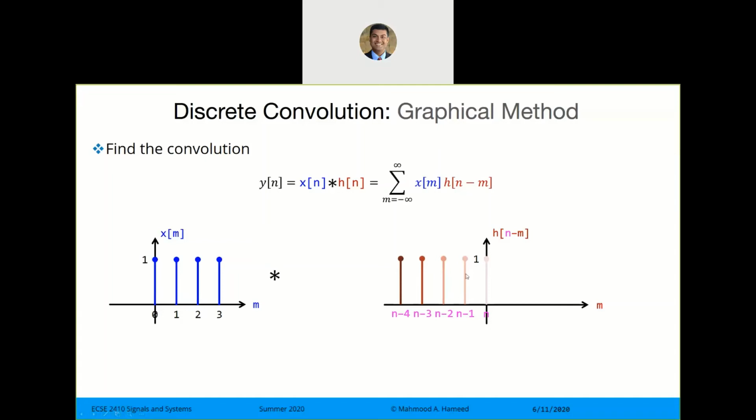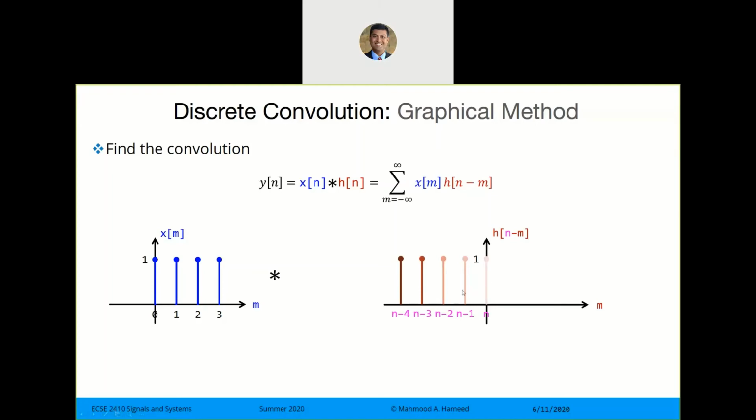But you would need y of -1, -2, -3, -4. y of +1, +2, +3, +4. So as you are changing small n, you are essentially shifting h of n minus m from all the way to the left to all the way to the right in integer time steps.